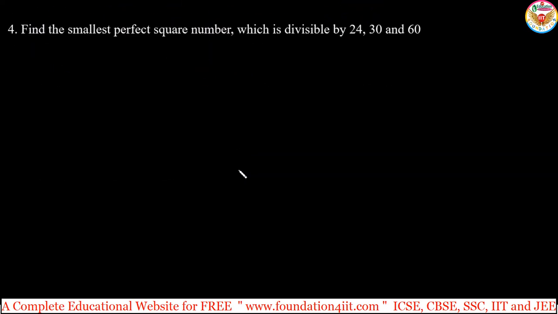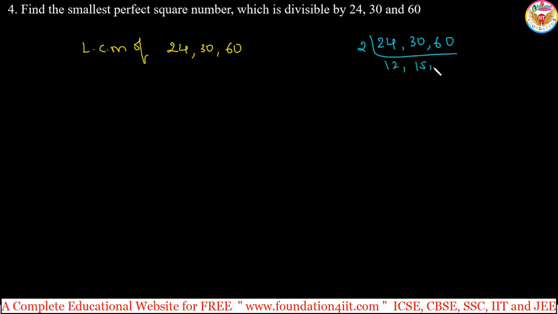Let us do this problem also. Same concept. Here, find the smallest perfect square number which is divisible by 24, 30, 60. Right? First you need to calculate the LCM of 24, 30 and 60. After finding the LCM, we can use it to make the smallest perfect square number. Okay, 24, 30, 60. You can take the table 2: 12, 15, 30.